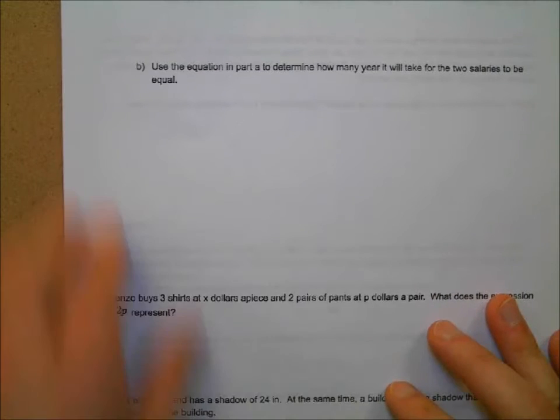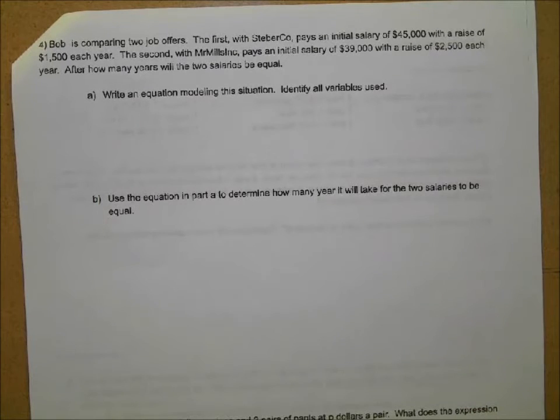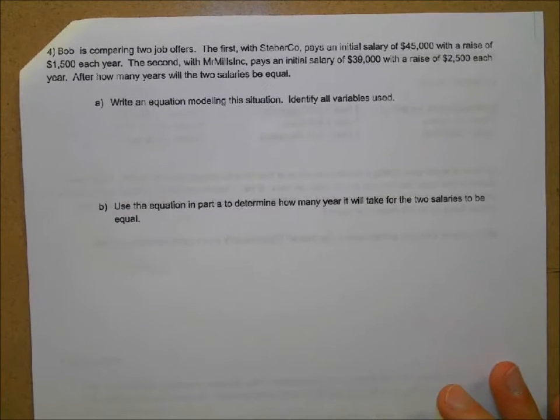Okay, let's turn on to the next page here. Bob is comparing 2 job offers. The first with Stieber Co. pays an initial salary of $45,000 with a raise of $1,500 each year. The second with Mr. Mills Inc. pays an initial salary of $39,000 with a raise of $2,500 each year. After how many years will the 2 salaries be equal?